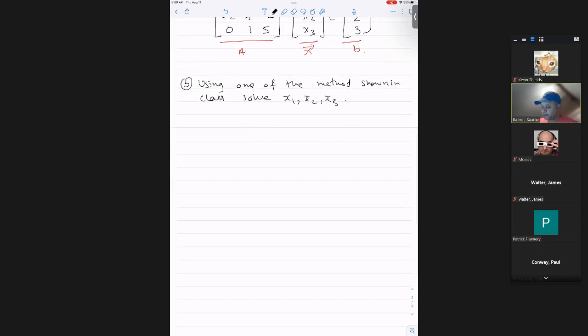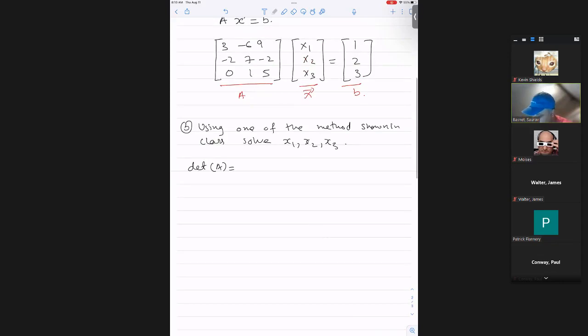If I use Cramer's rule, I need to find the determinant of A, right? So how do we find the determinant of A? We know that 3, and when you do this, you cross out this row and column and use this submatrix: 7, minus 2, 1, 5.